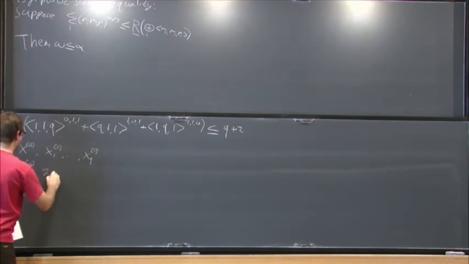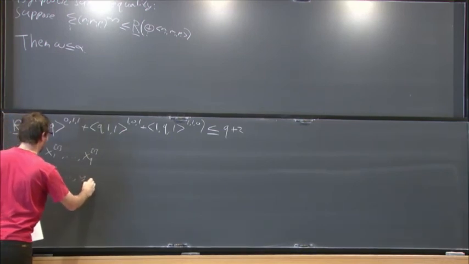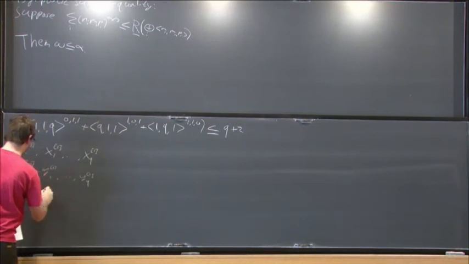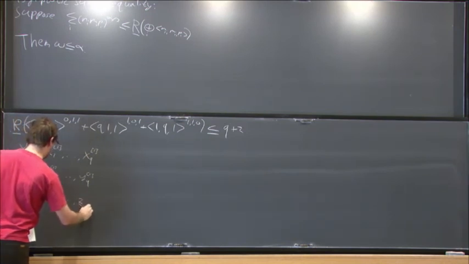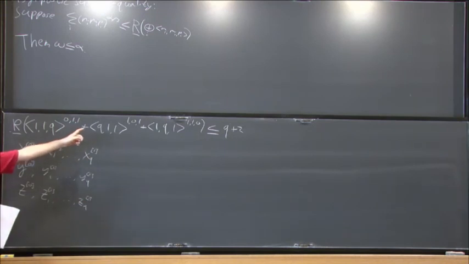And you see here the superscripts. The superscript is a way to indicate a partition of the variables into groups. And why is this helpful? I have here all these matrix multiplication tensors, but they're not over disjoint variables.